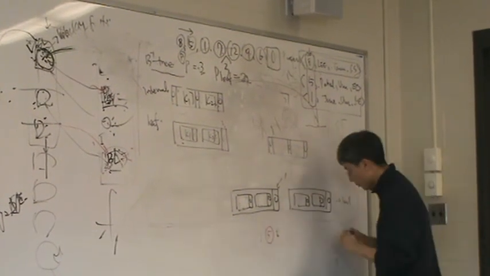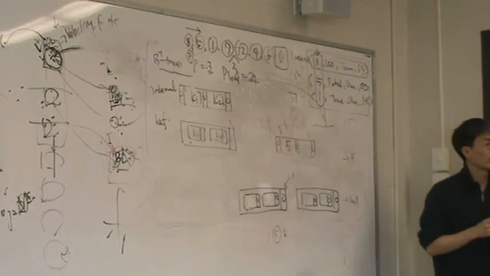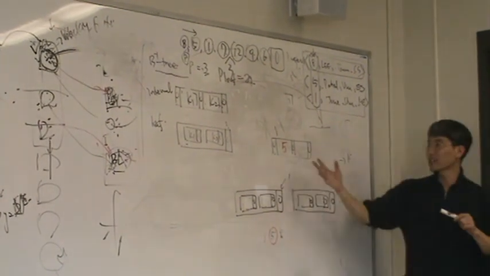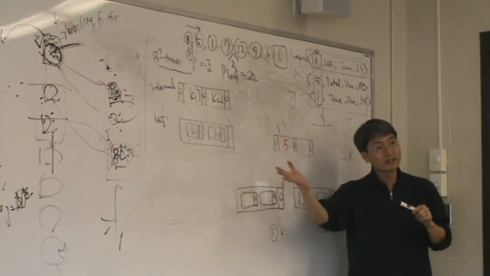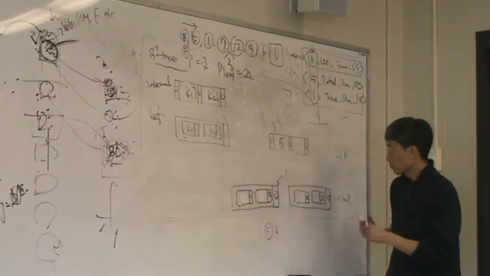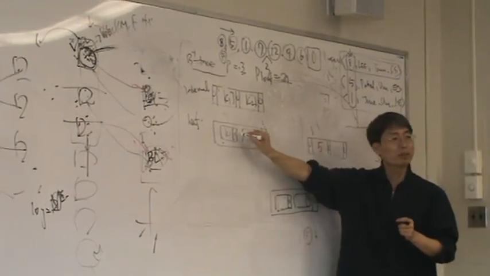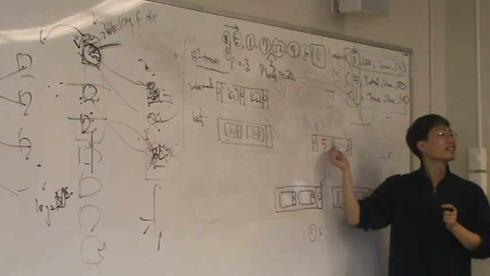So 5 will be inserted like that. Is it the same as the B tree index? Actually not. Why? B tree index needs data pointer. But this one does not.